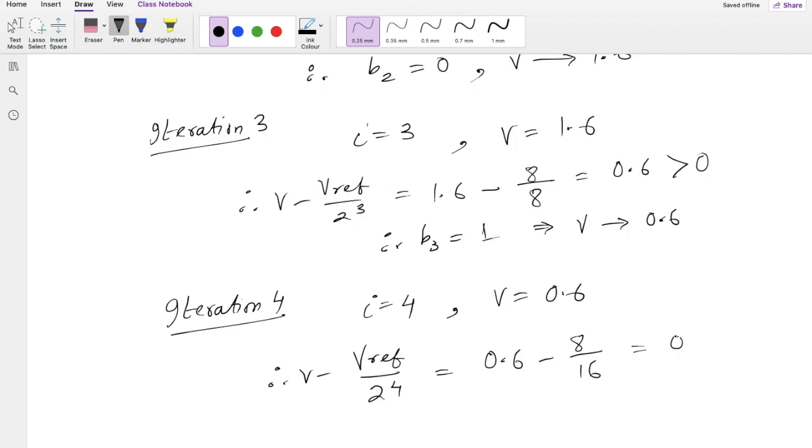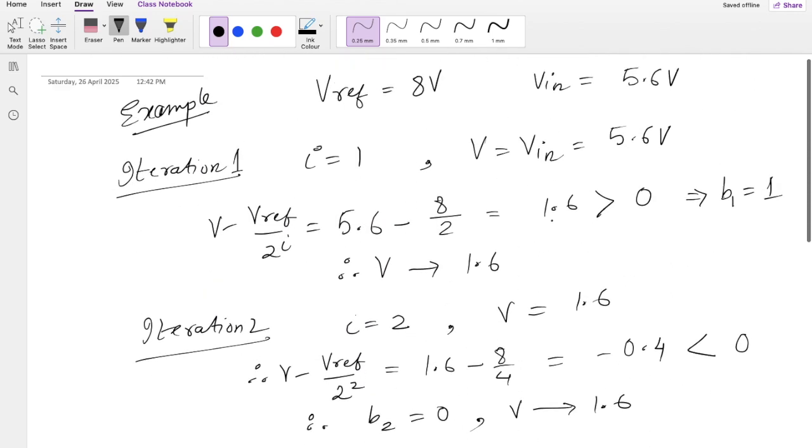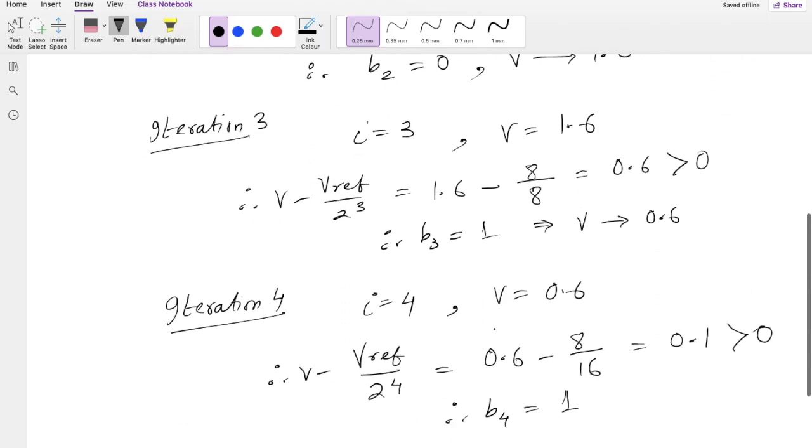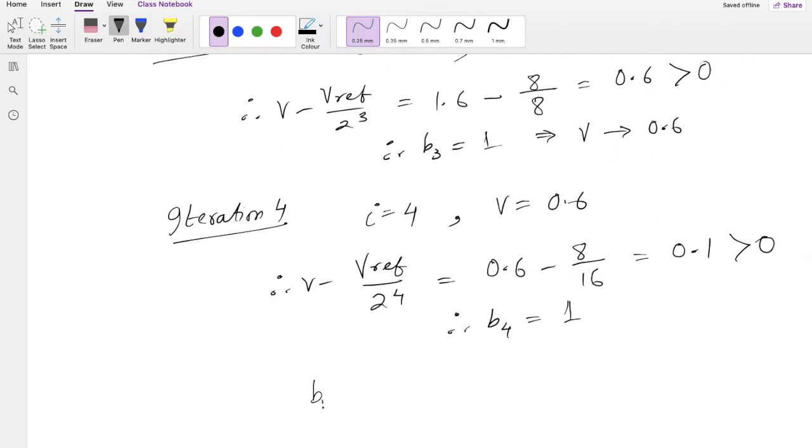So this is equal to 0.1, which is greater than 0, therefore B4 is equal to 1. So if you see, I have got the same output. That means B1, B2, B3, B4 is equal to 1, 0, 1, 1.